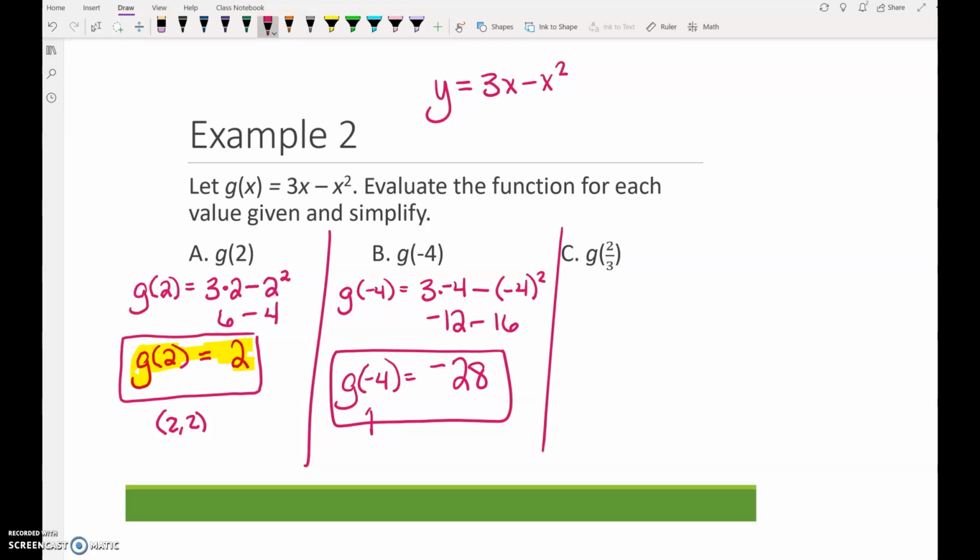On your assignment, please make sure you write the label. So with your answer, put g of whatever it is you plugged in.